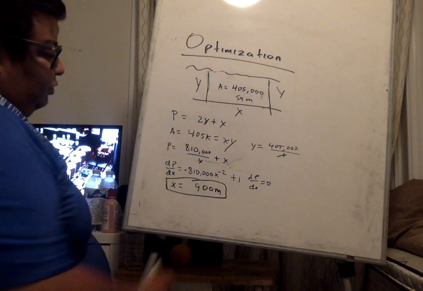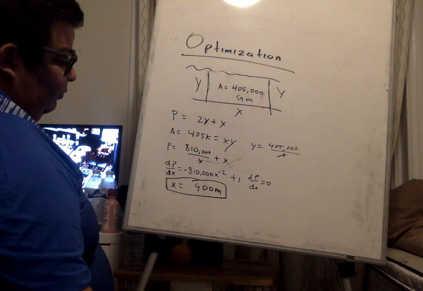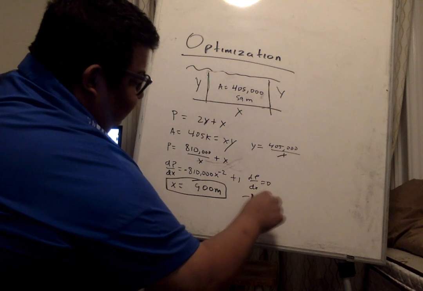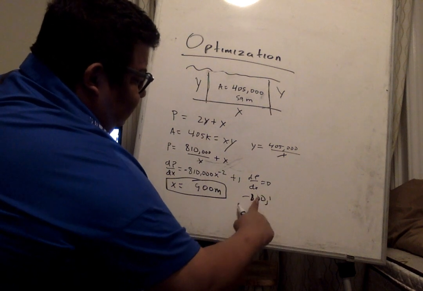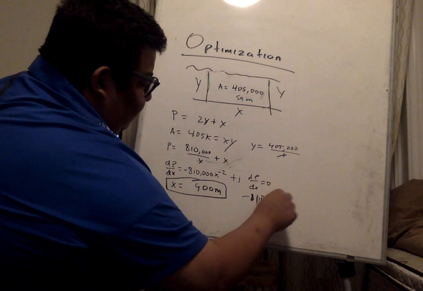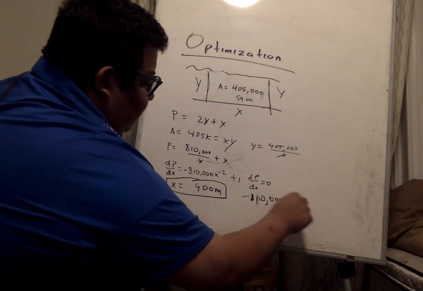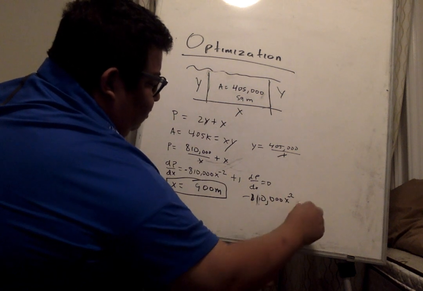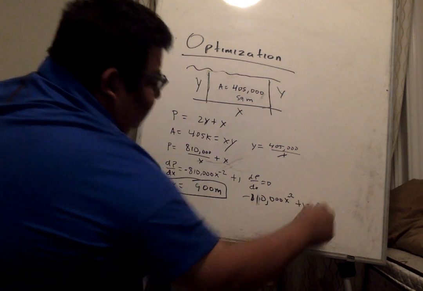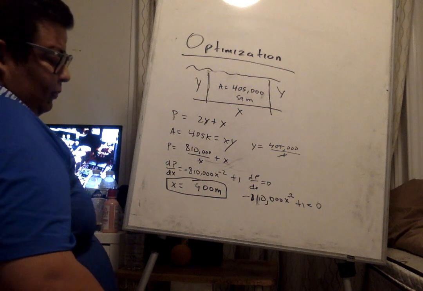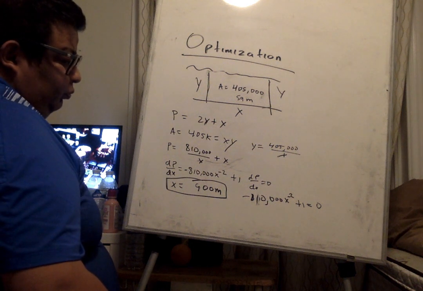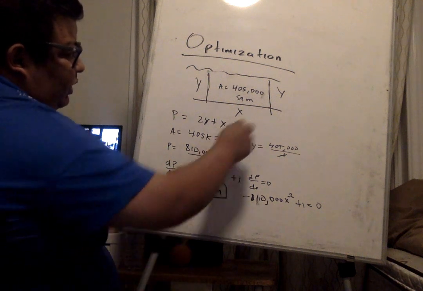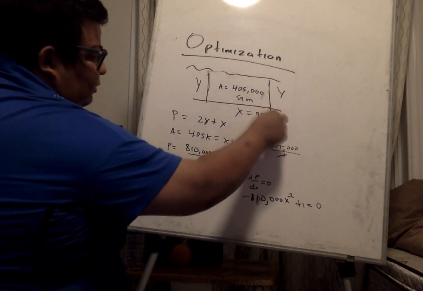So solving this: negative 810,000 x to the minus 2 plus 1 equals 0, and then we solve for x, and we get x equals 900 meters. That's the first one. So x is equal to 900 meters.